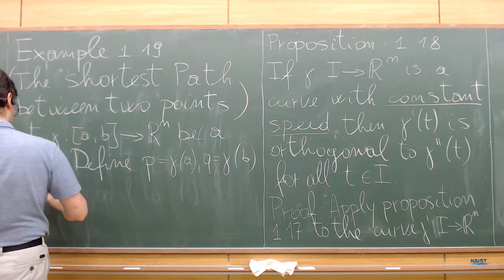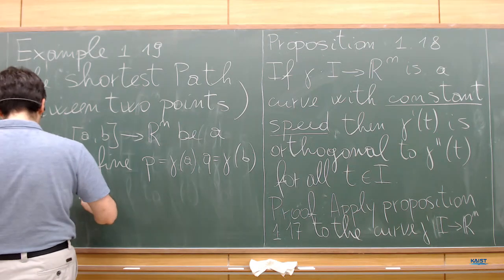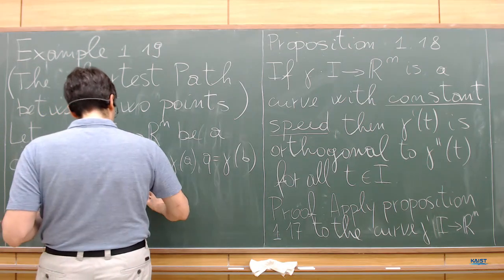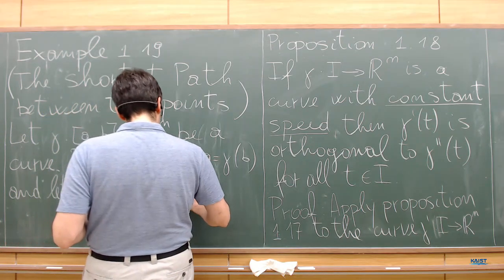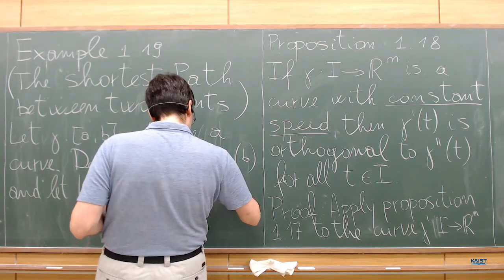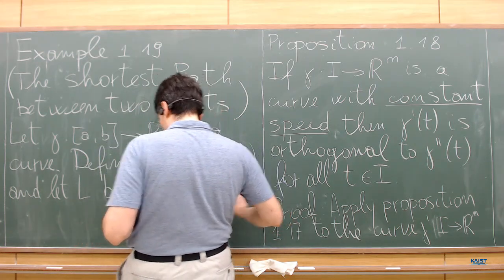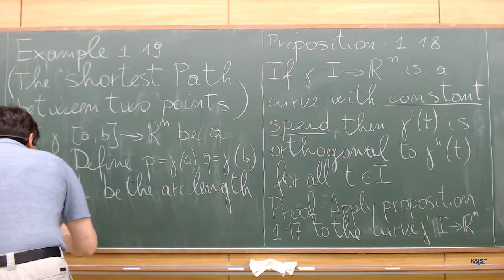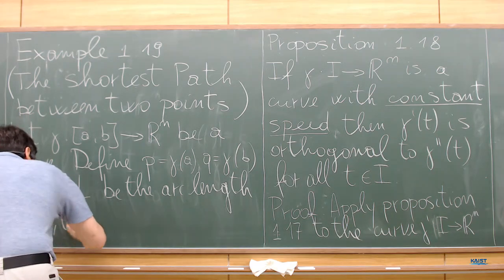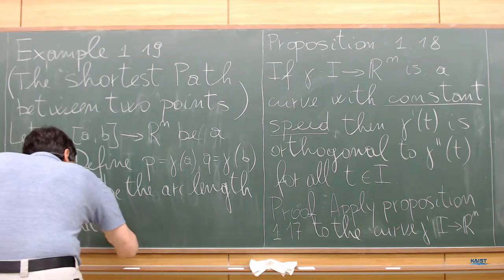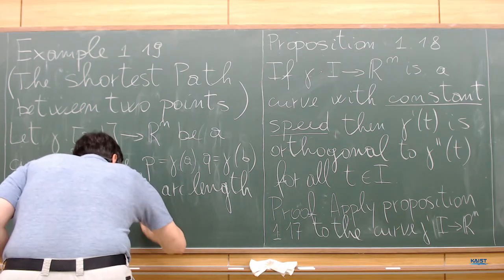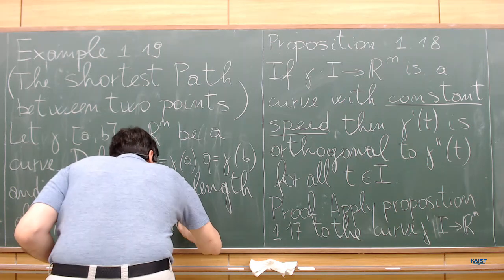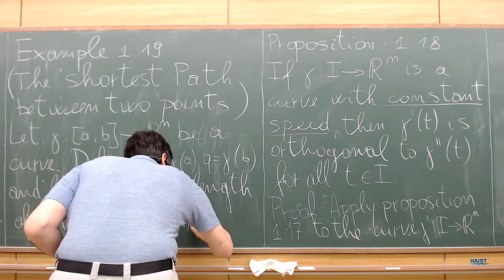Let L be the arc length of gamma, that is the integral from a to b of the length of gamma prime of t dt.